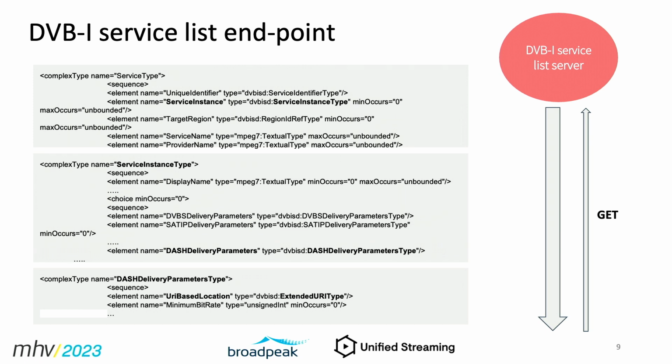And the second, once you get this service list URL, then you can query the service list server that will return you the list of services. And here what you have, the example that you have is a list of URLs, and in particular DASH-URL. It's very simple to understand, right? And that's it. This is not more complicated than that. And this is already the subject of implementation.